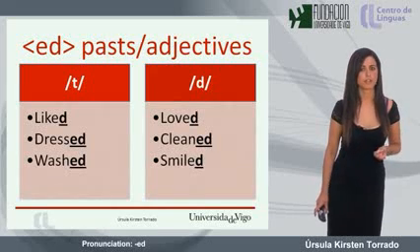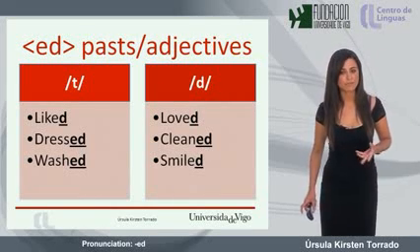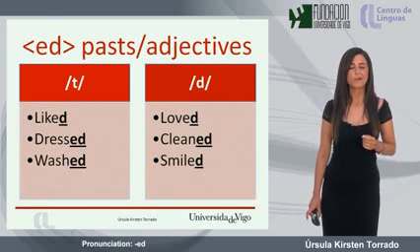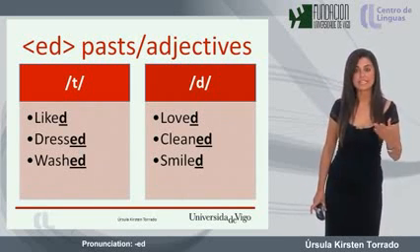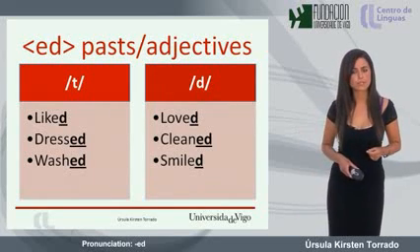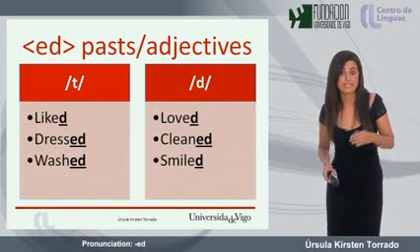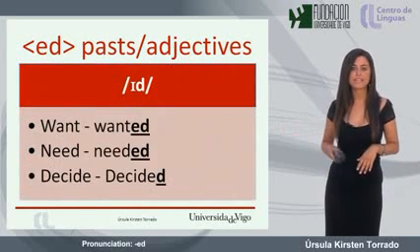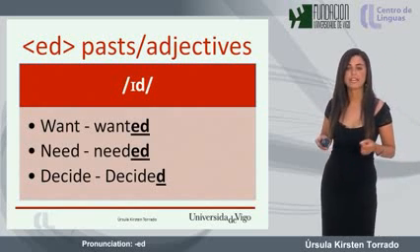So, let's brush up. We need to pronounce T with voiceless sounds except T. And the D is pronounced with voiced sounds except D. So, what do we pronounce when the verb or adjective ends in T or in D? In that case, we need to add a vowel in between. And we need to pronounce it.